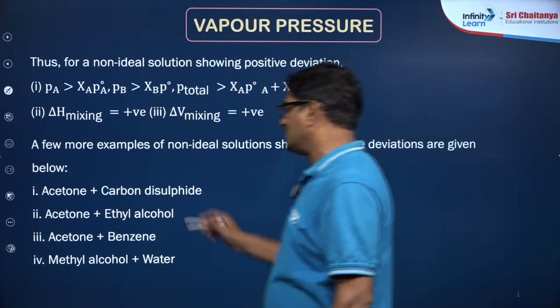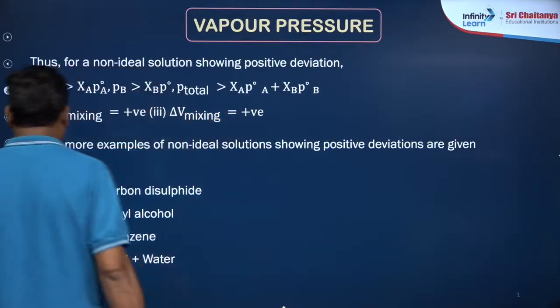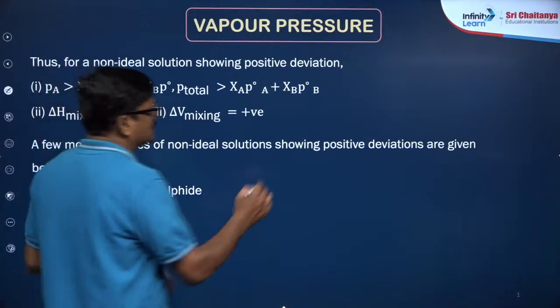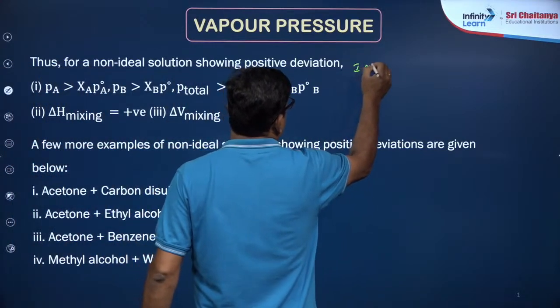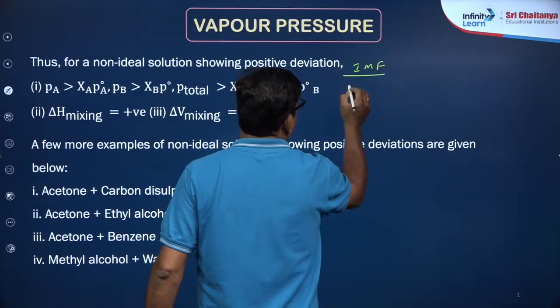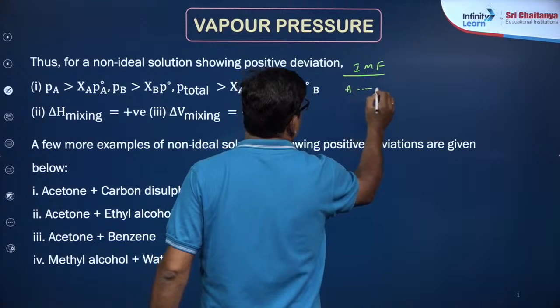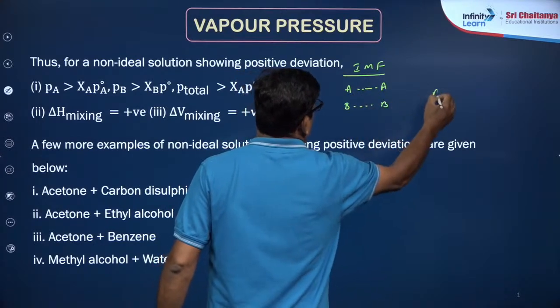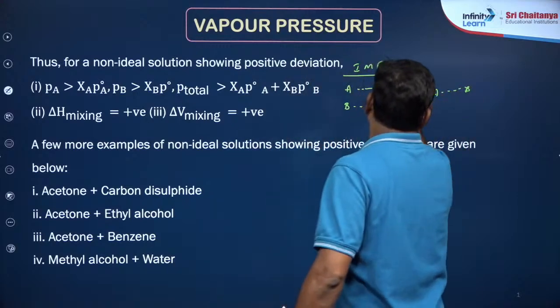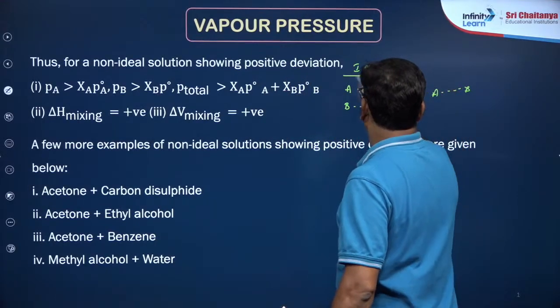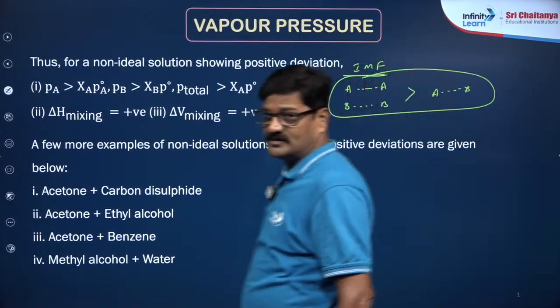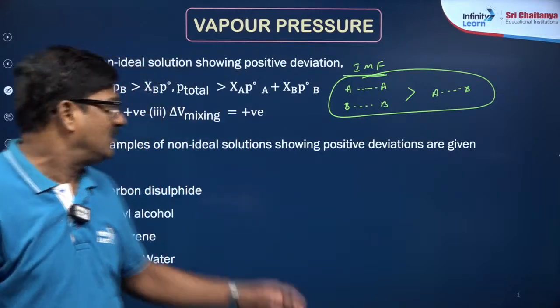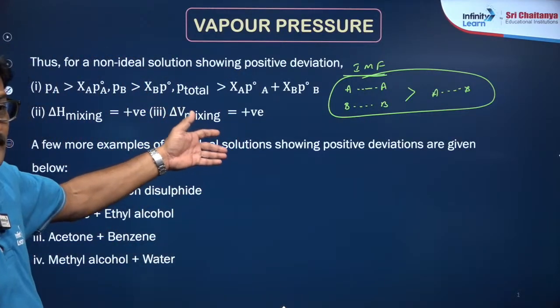Delta H mixing is positive, delta V mixing is positive. I just want to say, intermolecular forces A and A, B and B, and A and B. So this is the key point. If you keep this in your database, you can understand many things.